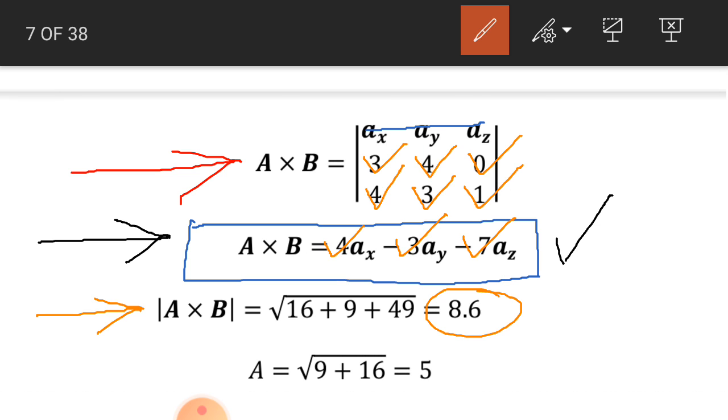We calculate the magnitude of A. We know that the magnitude of A will be equal to the square root of the square of the x component plus the square of the y component plus the square of the z component. So the magnitude of vector A turns out to be 5.